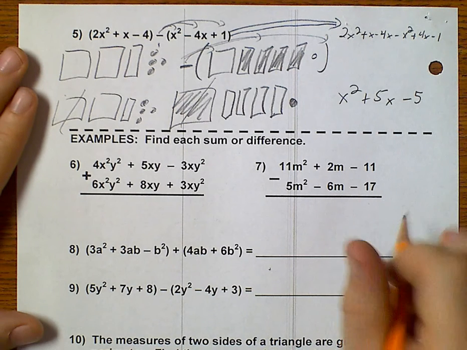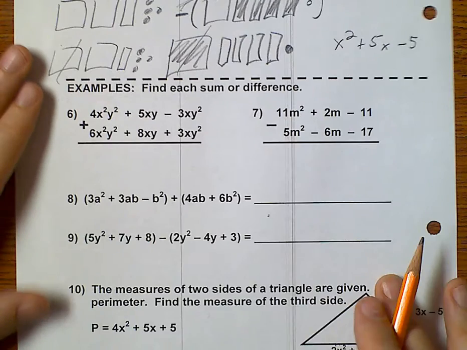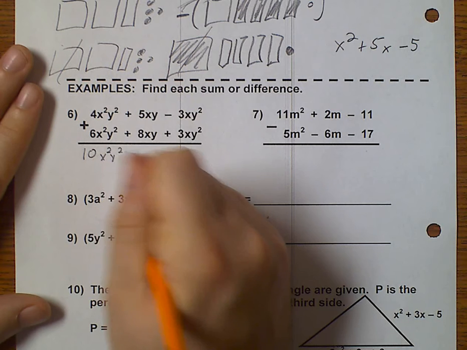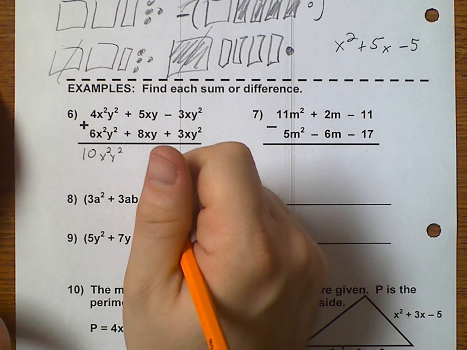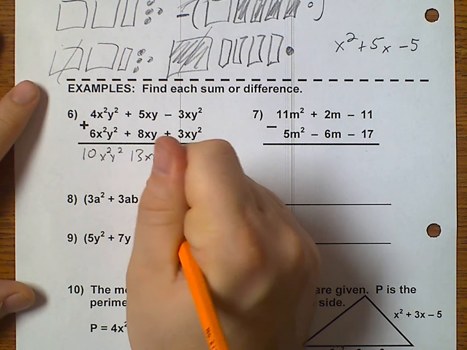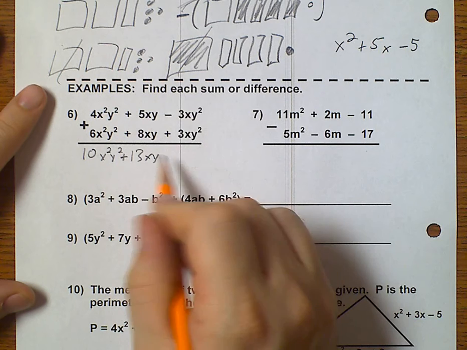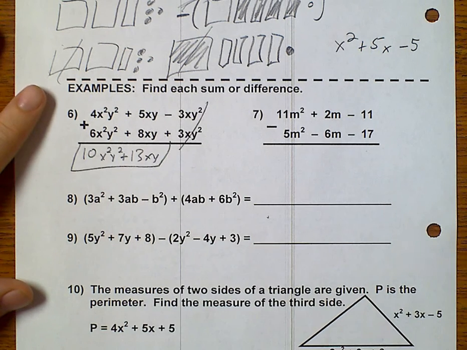Now another way to do this is just to line them up vertically. So 4 plus 6, that makes 10 x squared y squared. 5 plus 8, 8, 9, 10, 11, 12, 13 xy, and that's positive. And then a negative 3 plus a positive 3, those will cancel, and we're left with just this.